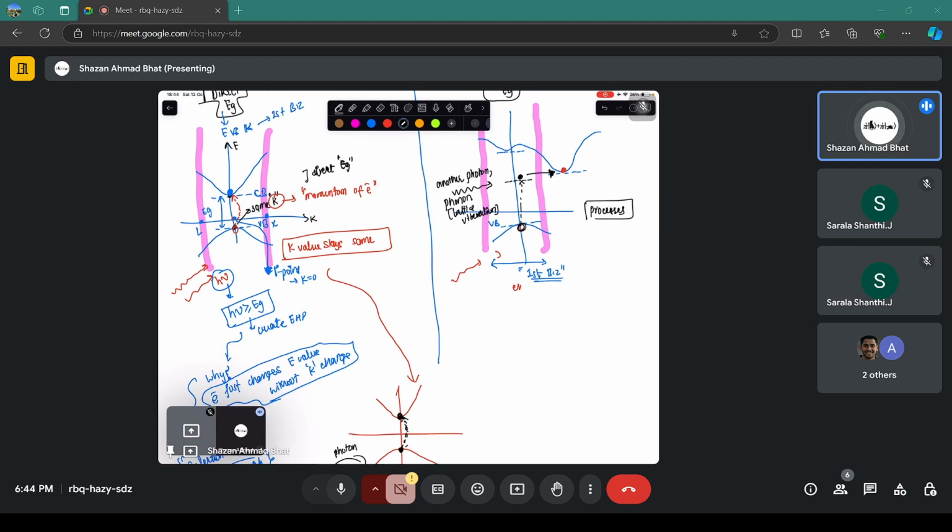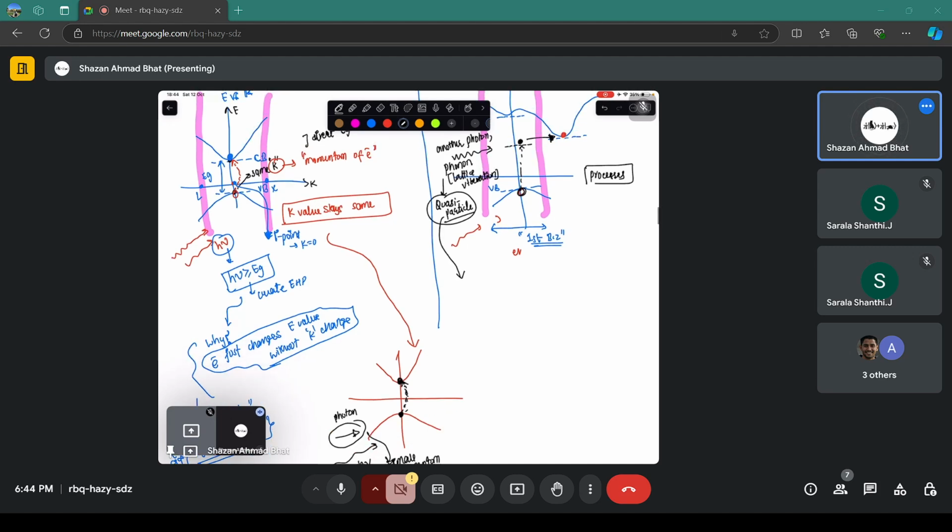These other particles are called quasi-particles. The phonon is called a quasi-particle because it's not a true particle, it's just a field. So they make the electron transition possible. And why do they make it possible? Because they have momentum much greater than the photon because of the huge energy space they occupy.